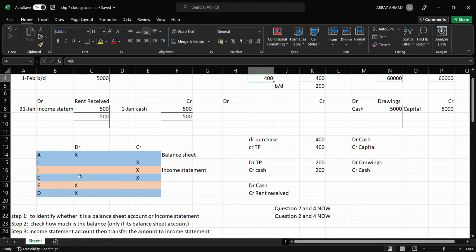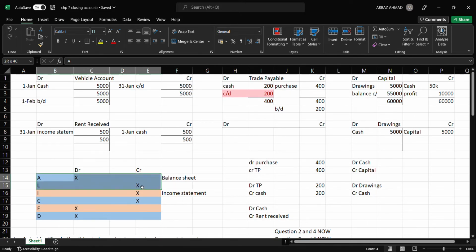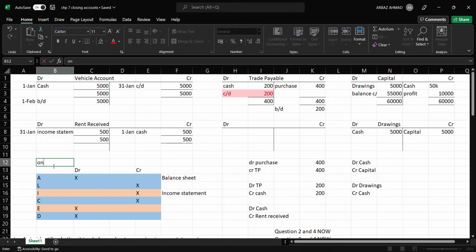Okay, so I have explained this concept earlier also, that blue items will go in balance sheet: asset, liability, capital and drawings, and this one orange, or let's say brownish, will go in income statement: income and expense. Now only the items that are blue that go in balance sheet will have balance carried down.